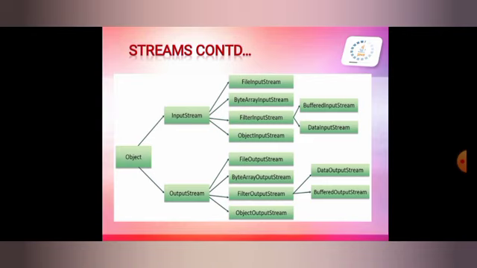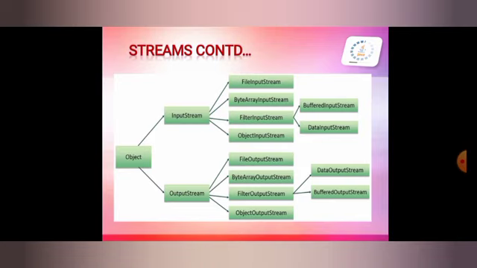In the output stream, we have four types: file output stream, which is oriented to file operations; byte array output stream; filter output stream; and object output stream. Within the filter output stream, we have subclasses like data output stream and buffered output stream.